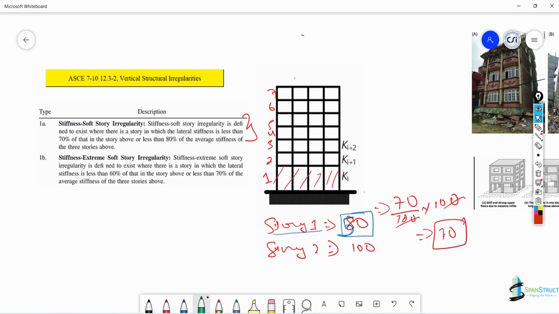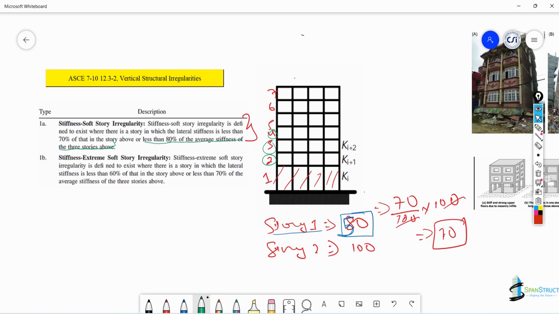Now you can see the second condition: or less than 80% of the average stiffness of the three stories above. The second thing you have to do is calculate 80% of the average stiffness of the above three stories. So you have to take the stiffness of story 2, 3 and 4.